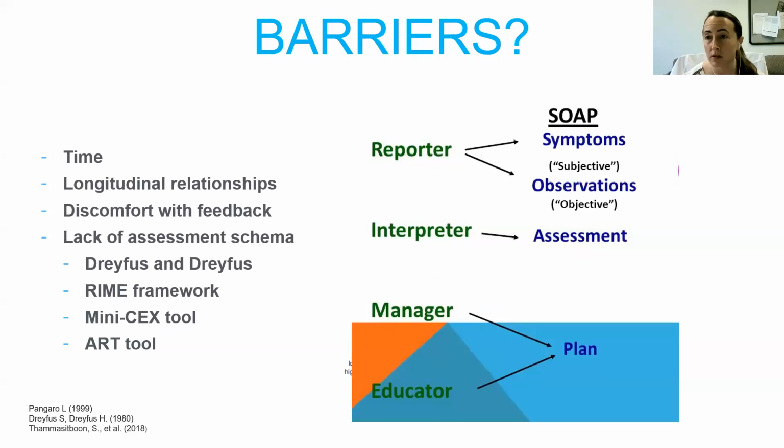The RIME is very well used and well respected: the reporter that then becomes the interpreter, the manager, and the educator. I use this a lot on the floors, because when you're listening to a presentation, it can be quite obvious that the learner is reporting a lot of data without that interpretation, without that synthesis.